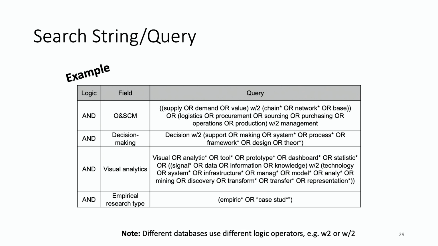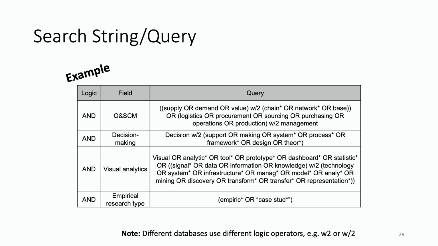Again, note that I'm using, for example, within, and often databases will have different conventions for how they refer to this operator. OR and AND are often very similar and they don't change. The way that we use brackets, inverted commas, and wildcards or any ending operators is often very similar.